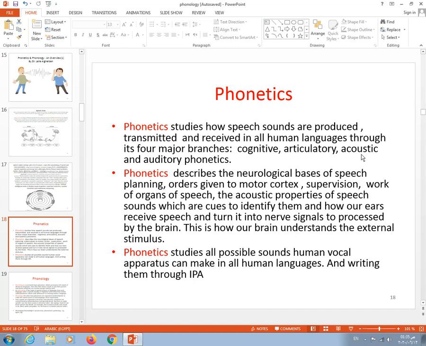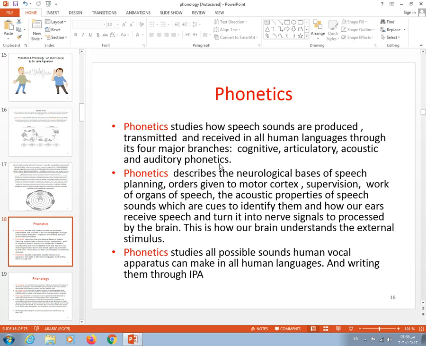So we process the acoustic signal, which includes how the sounds are created by the vocal folds in our larynx, and then travel through our vocal tract and get amplified, and all these things we catch and understand through acoustic phonetics.